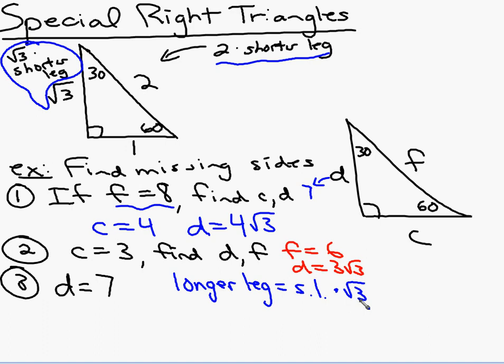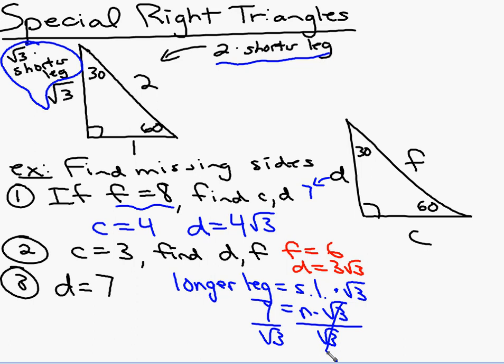Well, in this case, they gave me the longer leg. So let's put that in here. The longer leg, 7, is equal to the shorter leg. Let's call that n, times radical 3. And so if you want to find the shorter leg, then you've got to solve for n. So I would divide both sides by radical 3, and I'd find out that n is 7 over radical 3.